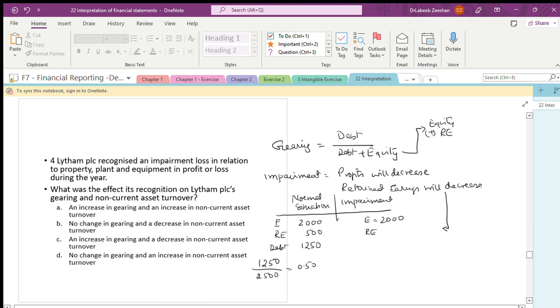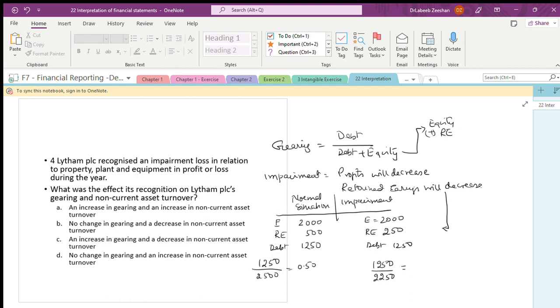Assume retained earnings has decreased by 250. Debt will remain the same, 1250. Now 1250 divided by 2250, how much will we get?